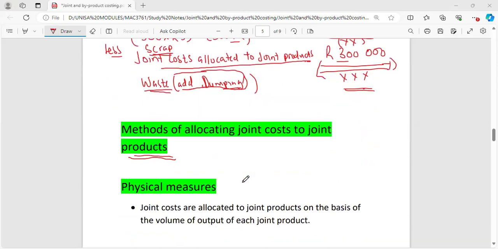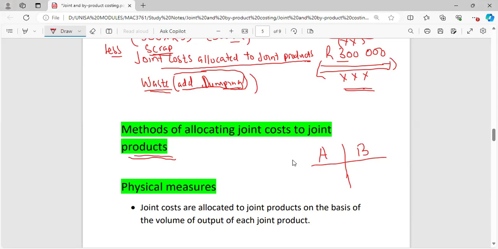When you have that, you now need to allocate the joint cost to the joint products. Remember, in most of our questions, we'll have two products, product A and product B. So now we want to allocate this joint cost to these joint products.